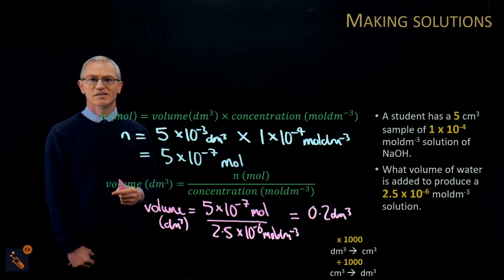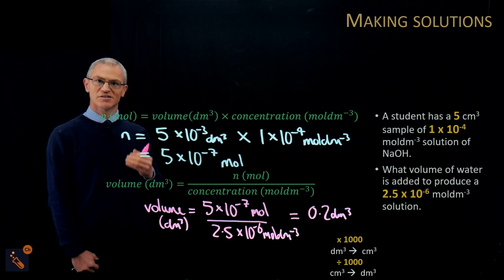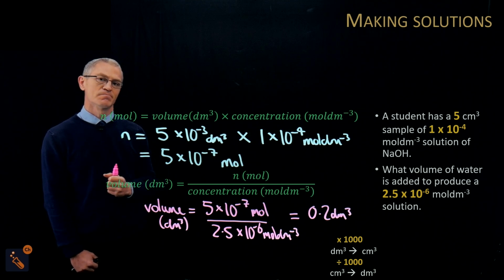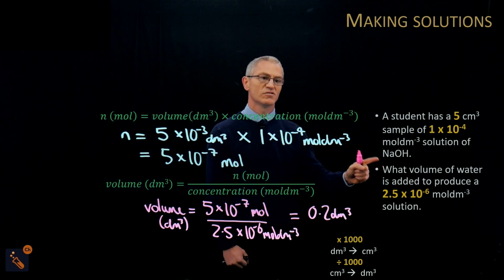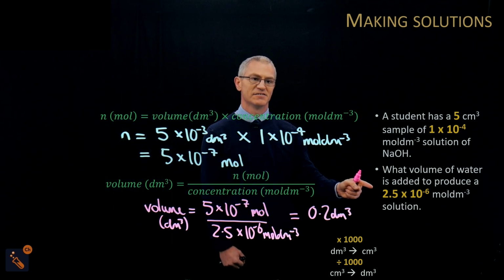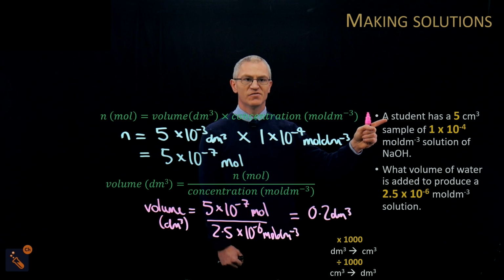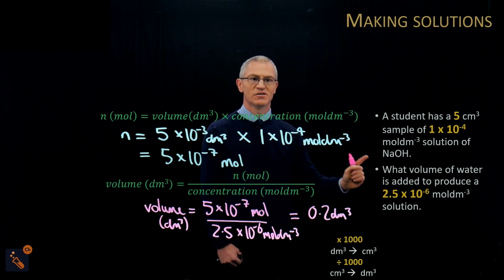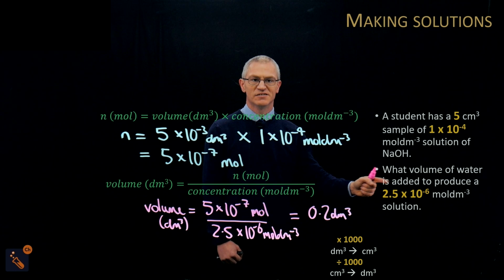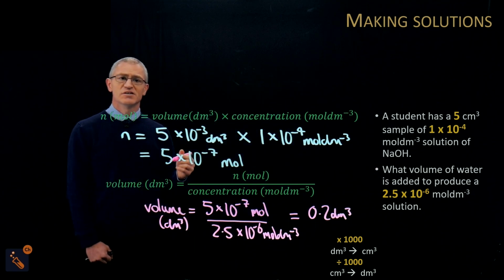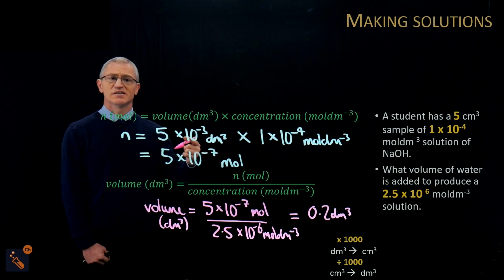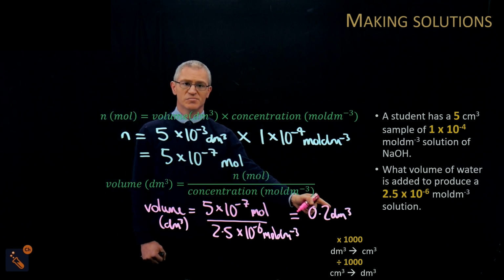Most people would make that mistake, and it is a mistake to say straight away 200 centimeters cubed. Now, why is it a mistake? It's a mistake because the question says what volume of water is added. You already have 5 centimeters cubed, and it is asking you what is added. So if I want to know what is added, I need to find out what I've already got and take that away from the total volume I know I need.